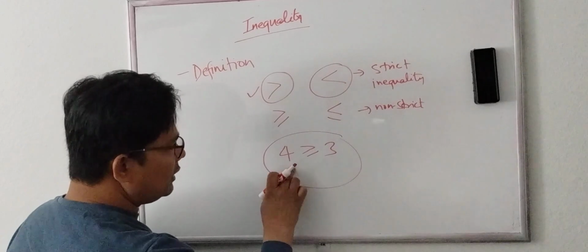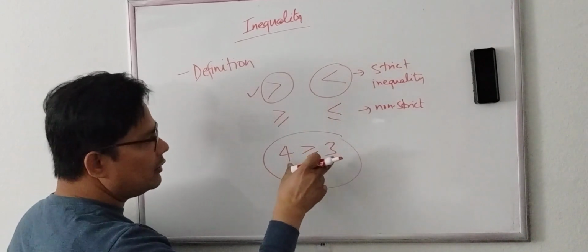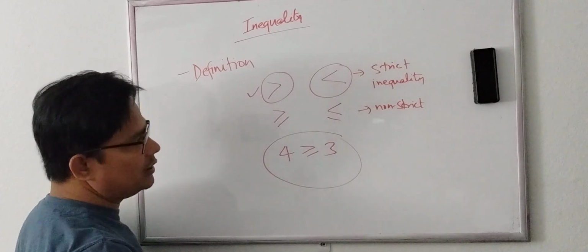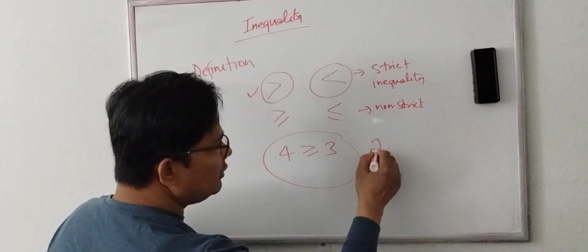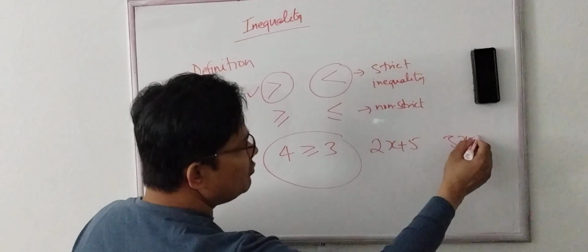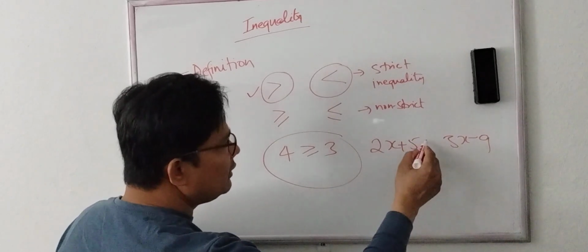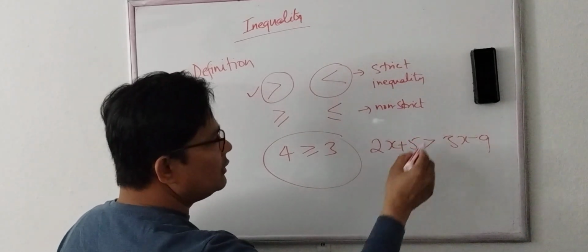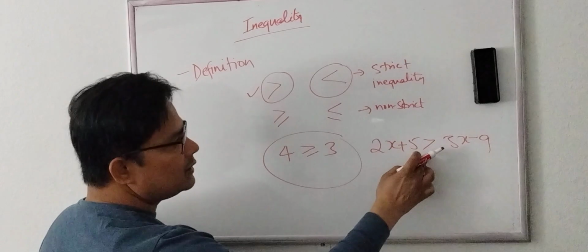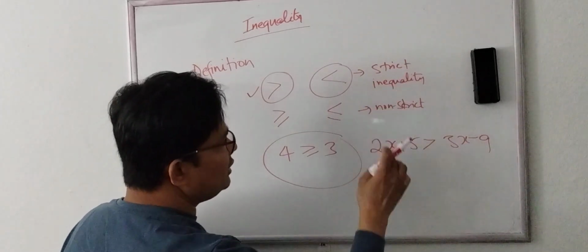But now coming to this example, let's say we have 2x + 5 and 3x - 9, something. We don't know the value of x. If we say this is greater than this one, it means the relationship between these two is strict inequality.